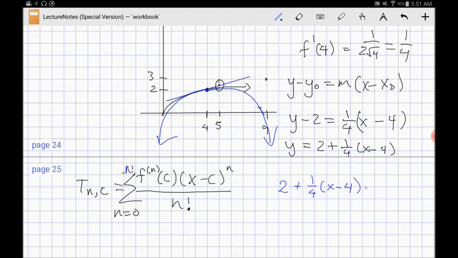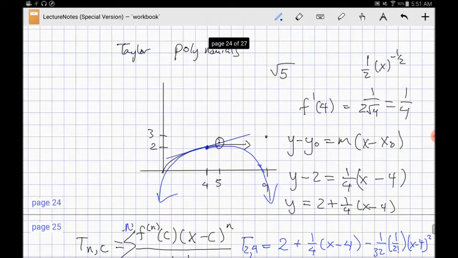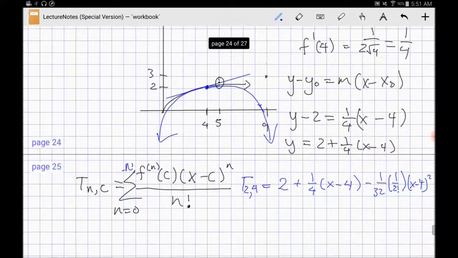And when n is 2, we get minus 1/32 times 1 over 2 factorial times (x minus 4) squared. And so this would be the second order Taylor polynomial expansion centered at 4 of the function square root of x.